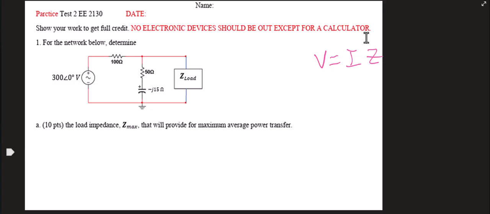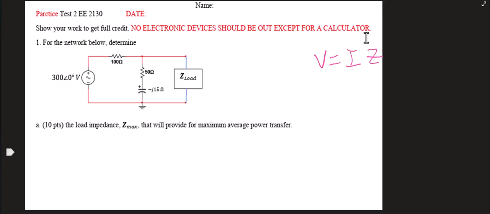Okay, so load impedance that will provide for maximum average power transfer. So maximum average power transfer will happen when you have minimized that reactive power, because the reactive power doesn't give you anything real. You want real power. And so to minimize the reactive power, you would like your load to have a reactive power that is the opposite of everything else in the circuit so that they'll cancel each other out.